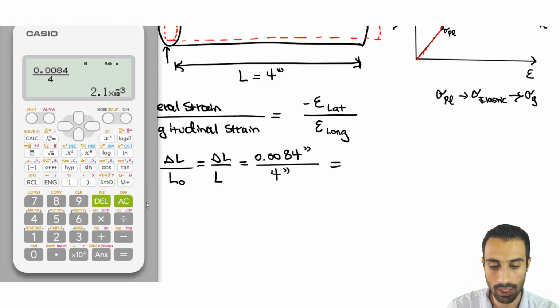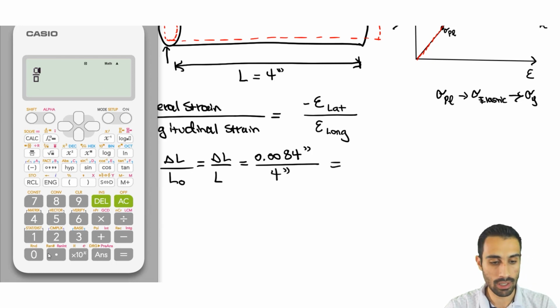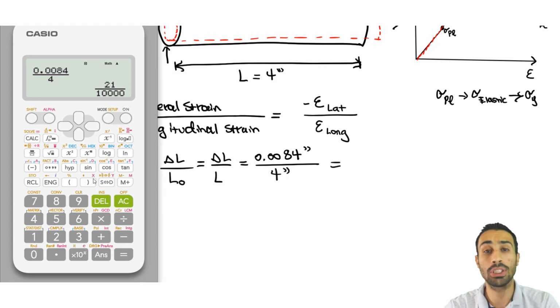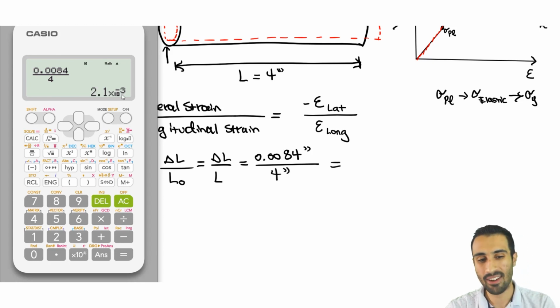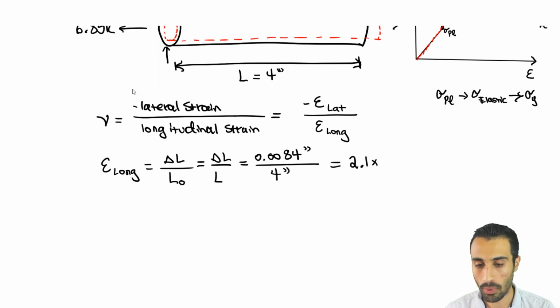So let me do this with you in the calculator. We do the fraction symbol there, and I like to put stuff how I see it and how I write it. So we do that divided by 4, and that equals 21 over 10,000. Let's break this down into decimal form. You click that. I have scientific notation, and usually I don't like seeing that. So let me write that for us: it's 2.1 times 10 to the negative 3.